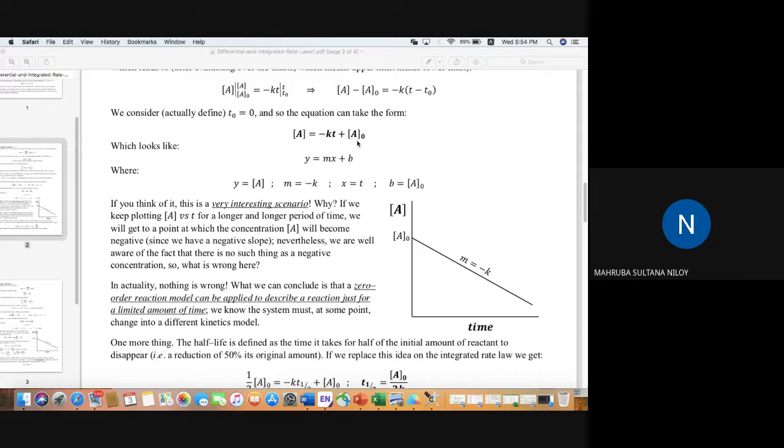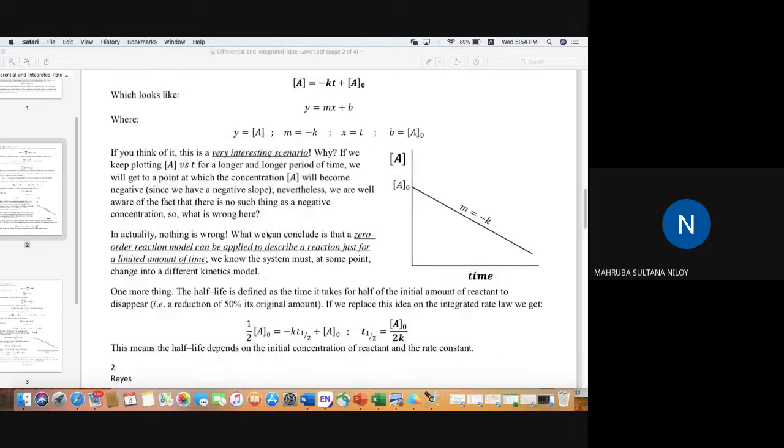Okay, so for A, we put here A naught by 2. And then if we reorganize this equation, we'll get the value of T half equals to A naught divided by 2K. Is it clear? Yes, sir. It's clear now.